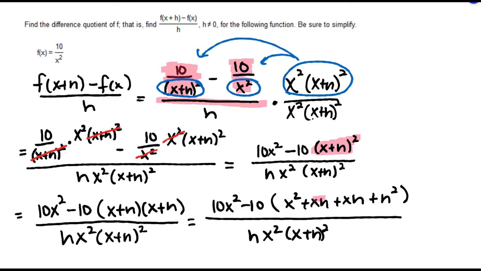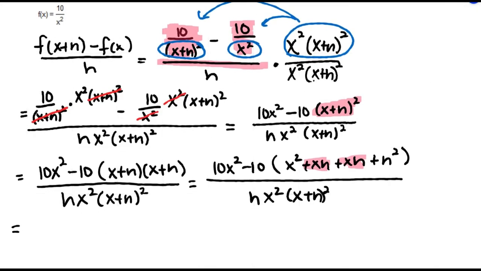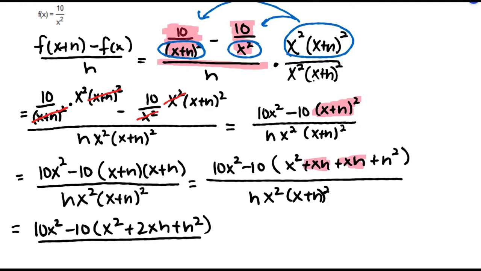And I can combine these like terms together, which would give me 10x squared minus 10 times x squared plus 2xh plus h squared over that denominator.